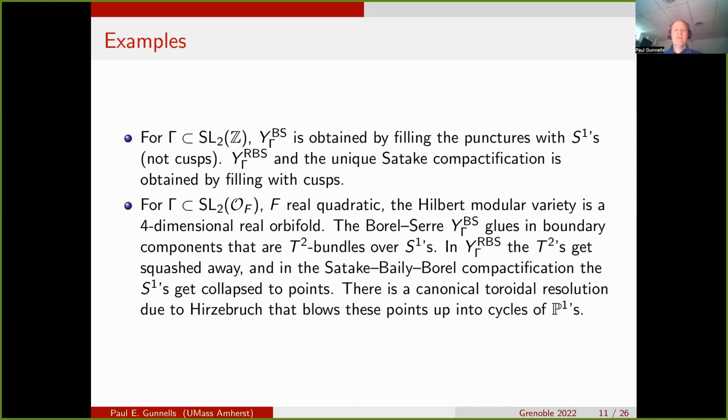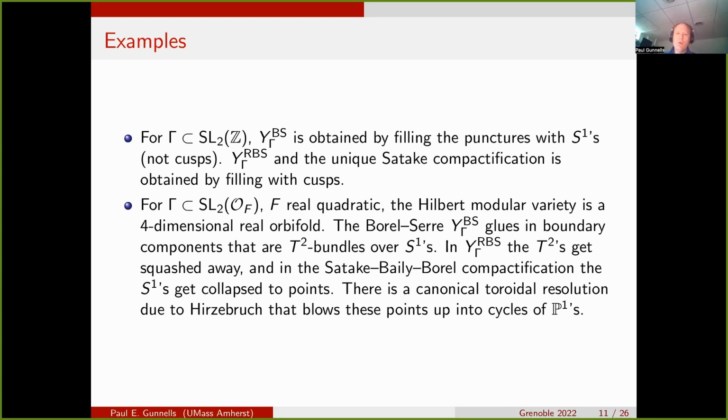We already see something different and something new in the real quadratic case. So in this case, the locally symmetric space is the Hilbert modular variety. In fact, it's called a Hilbert modular surface. It's an algebraic surface. As a real space, it's 4-dimensional, and it's an orbifold. It has some singularities inside coming from torsion in the group gamma.